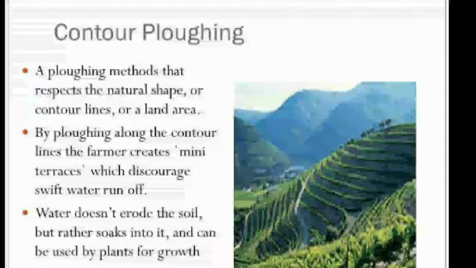And seventh, the last point of conserving soil, is creation of a shelter belt.